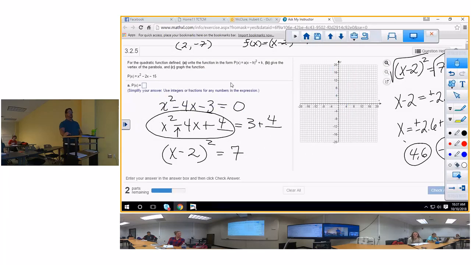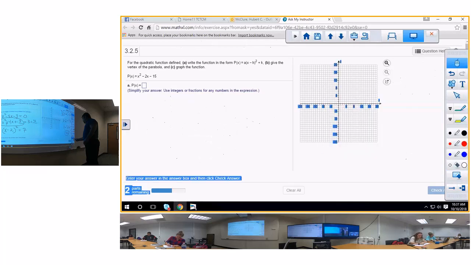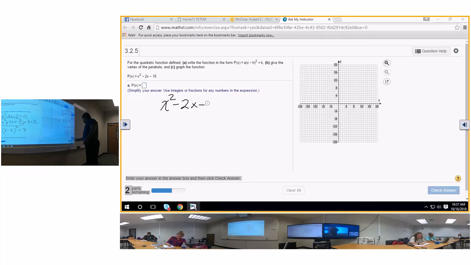Try that one. X squared minus 2x minus 15. And then we'll move on to the other question. Hopefully it'll be a little bit different. So x squared minus 2x minus 15 is equal to 0. What's the first step?